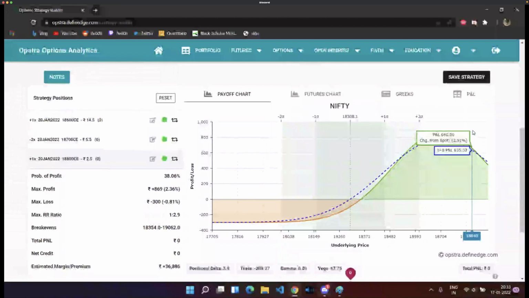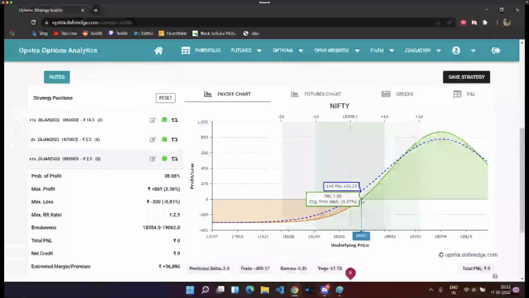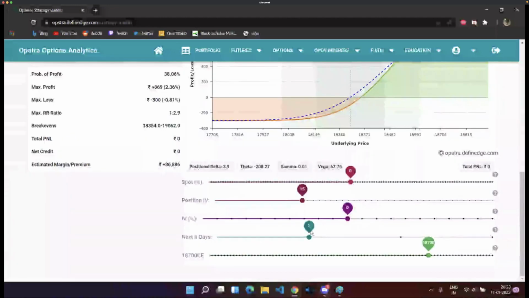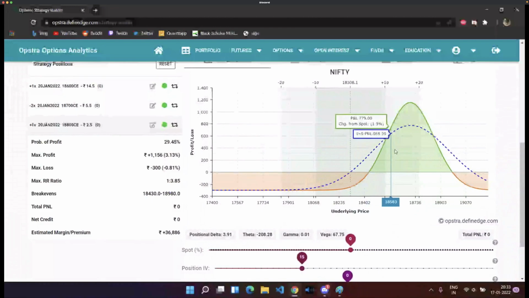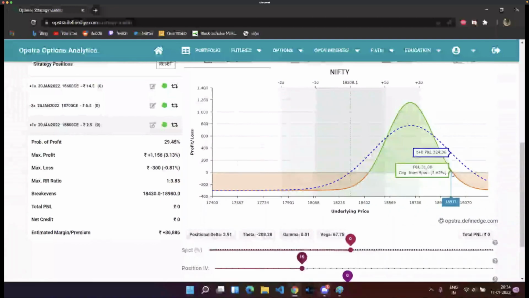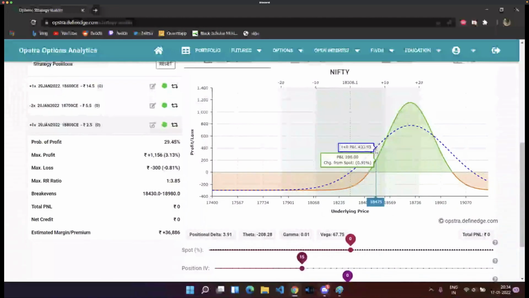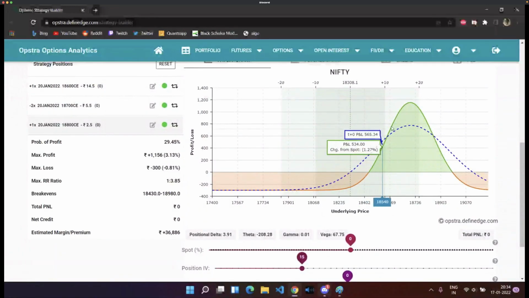Just take it to the last day. Looking at Wednesday, your break even will be much higher, 18,400 to 18,970. That's a lot. I mean, you're getting a 500-point range, but the money you make in this range is not much.